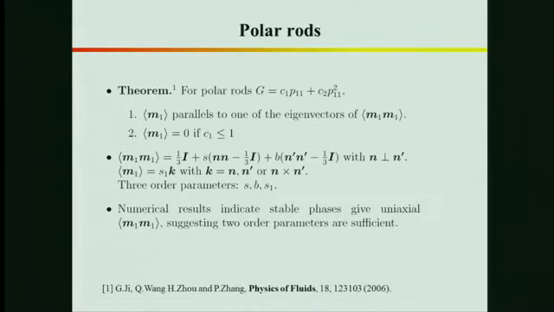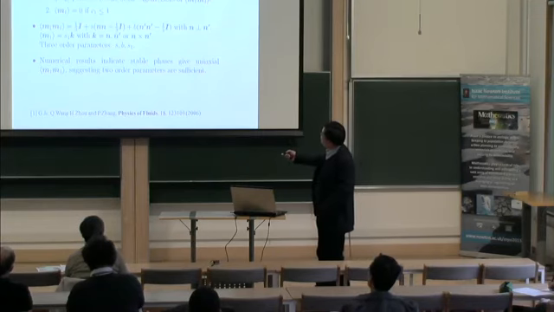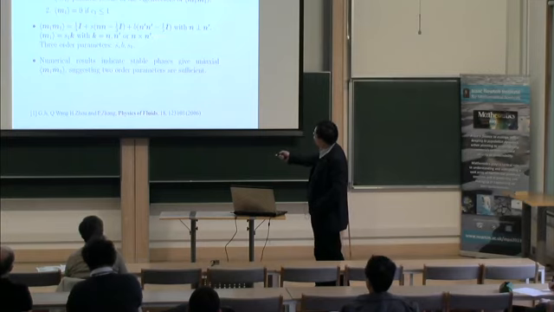So for the polar rods, they have two terms. Now you have assumed M1 is parallel to one of the eigenvectors. If C1 is less than 1, M1 is 0. It means M1 has this formula, and the direction is one of n or n prime or the third one.